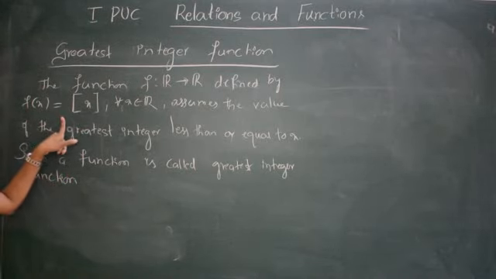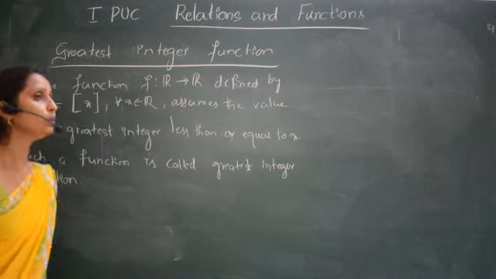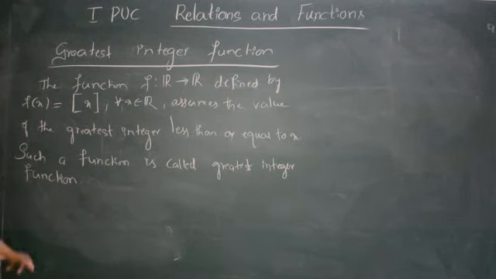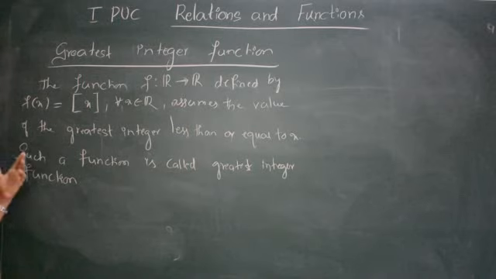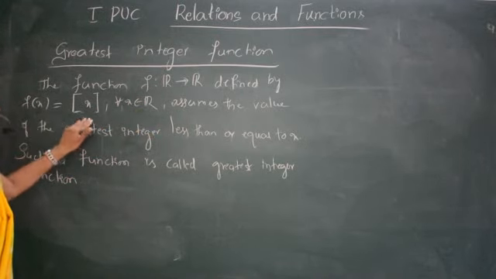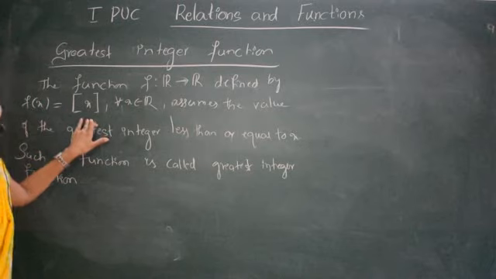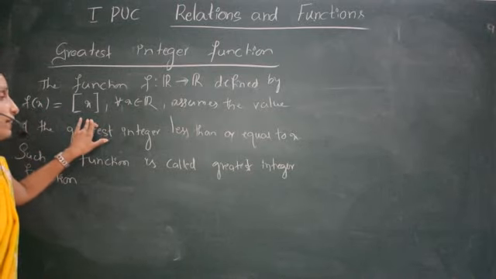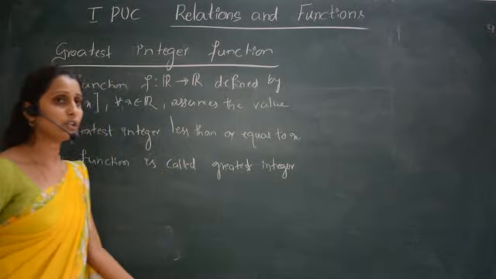It assumes the value of the greatest integer less than or equal to x. If x can take any real number, f of x takes the value of the greatest integer less than or equal to x.